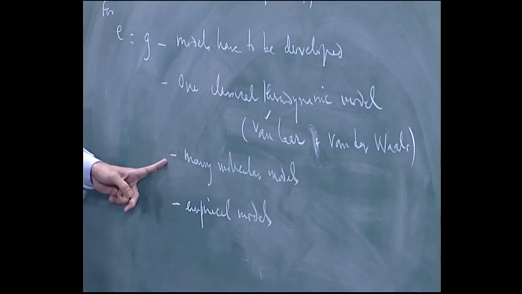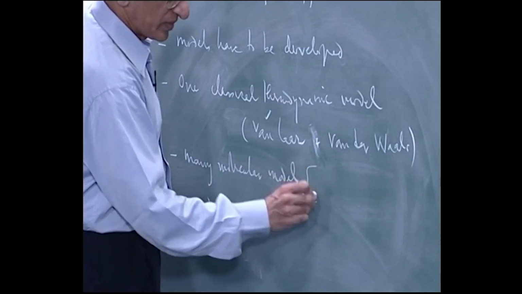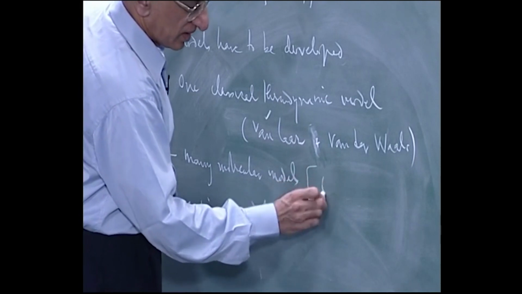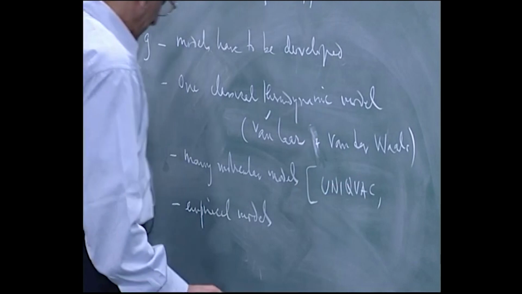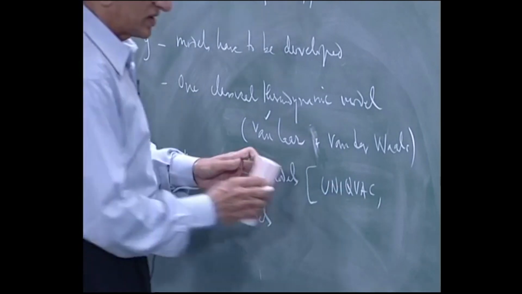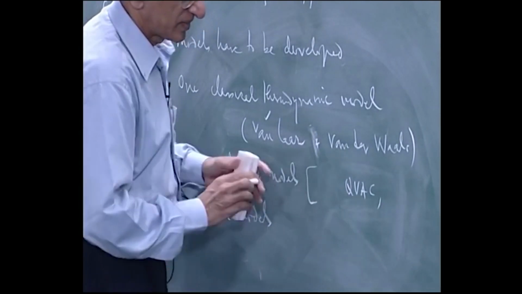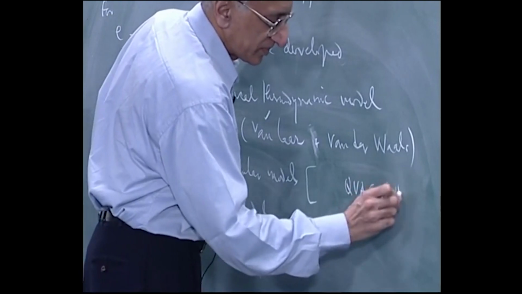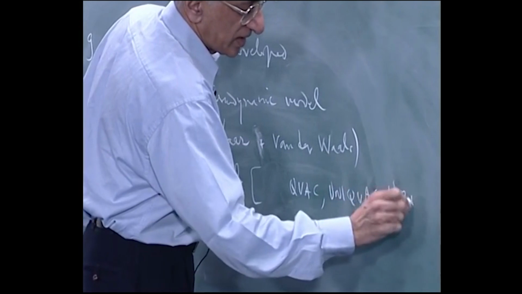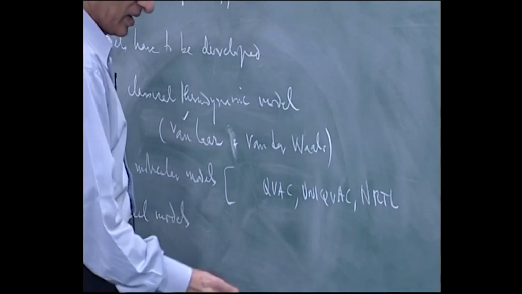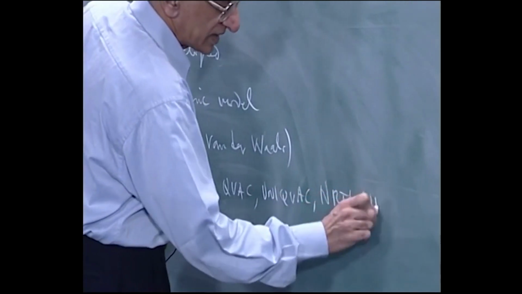Molecular models, there are many of them. The ones you have to know in this course are UNIQUAC, then UNIFAC, then there is a model called NRTL, then I should have mentioned Wilson.